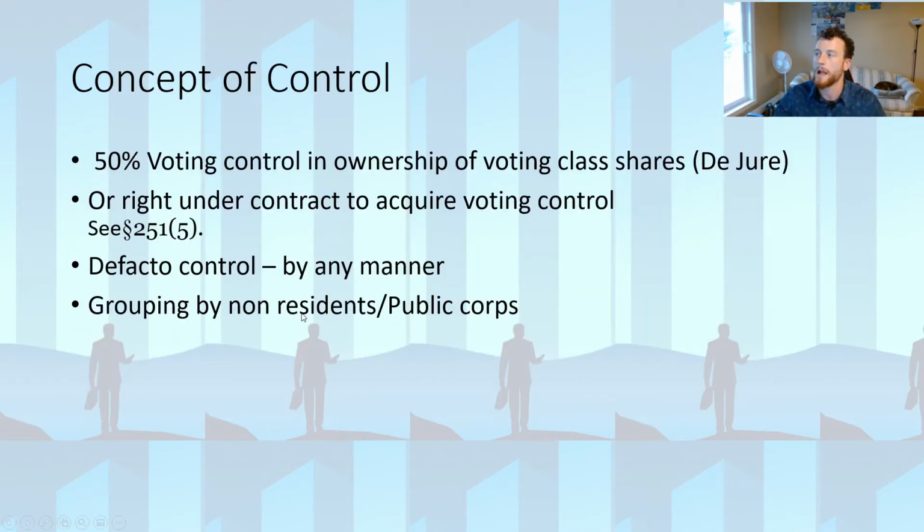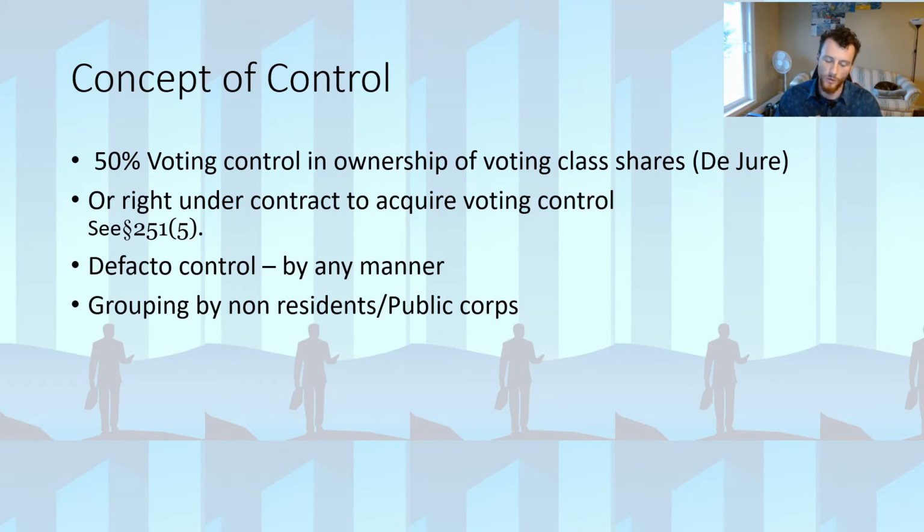All right. Let's look at the concept of control. The first part: remember that it must not be controlled by a non-resident or a public corporation, or a combination of these groups. The first part of control refers to de jure, which is by right.